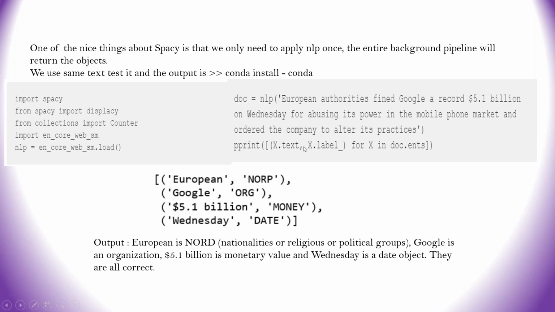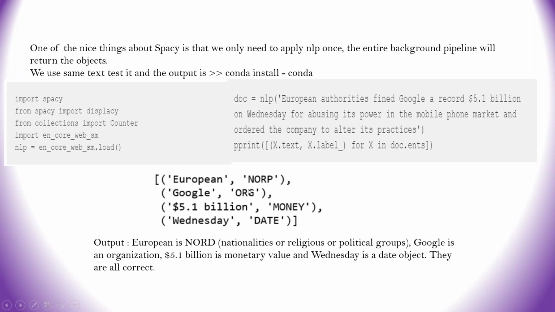In this example, for the given text, European is identified as NORP, the nationality. Google is identified rightly as an organization. The 5.1 billion is a money value, so it's given as money, and Wednesday is identified as a date.